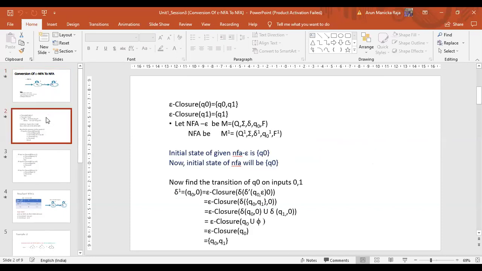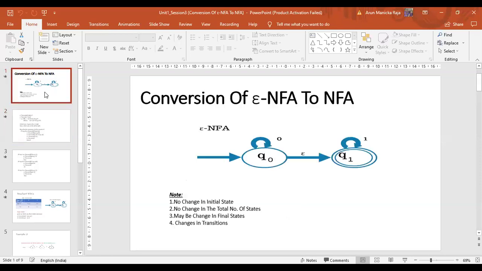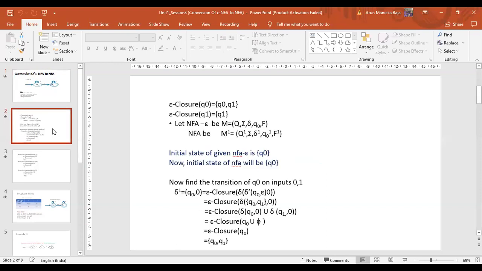We have to calculate the epsilon closure for all the states in the diagram. We know how we can calculate the epsilon closure, right? So here we have two states. So we have to calculate epsilon closure for the two states, that is Q0 and Q1. Epsilon closure of Q0 and epsilon closure of Q1.